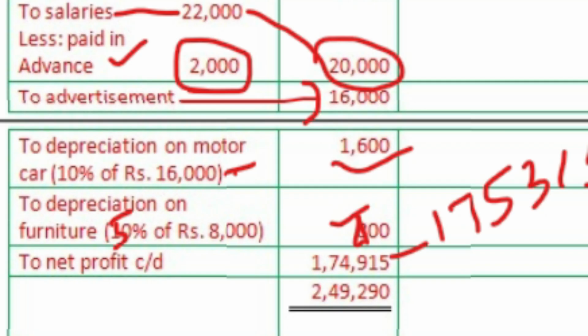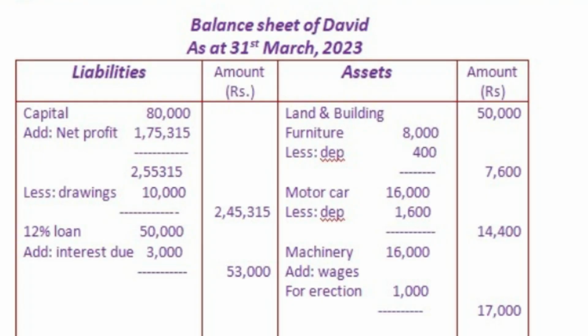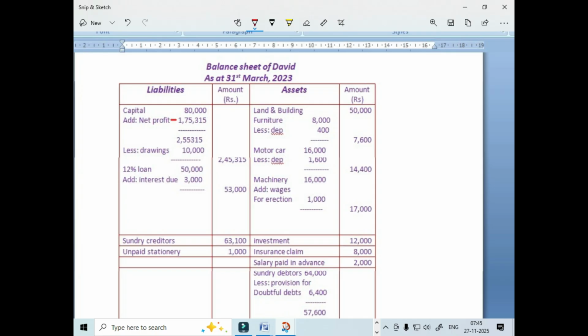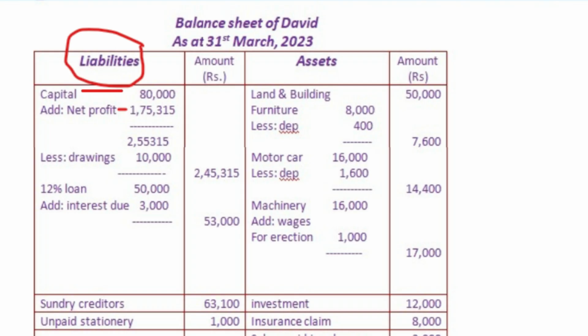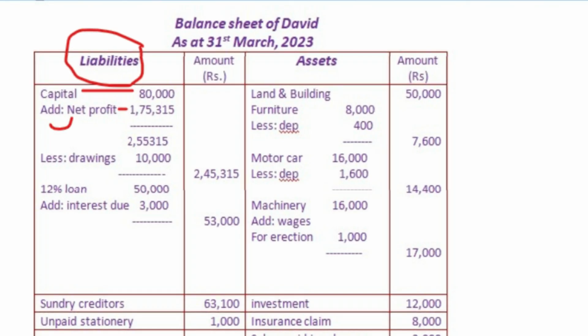Then the net profit will be increased by 400 to 1,75,315. This is the net profit calculated from the profit and loss account. Now in the balance sheet on the liability side, the capital account given in the question is 80,000.